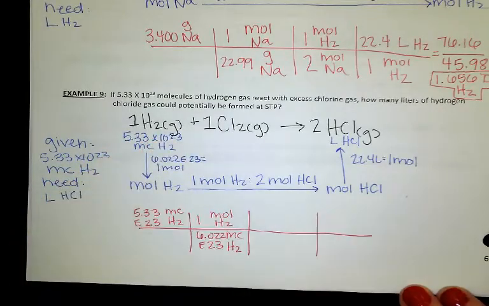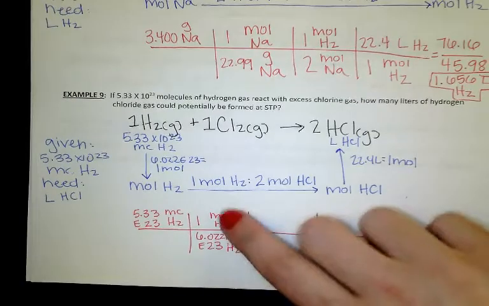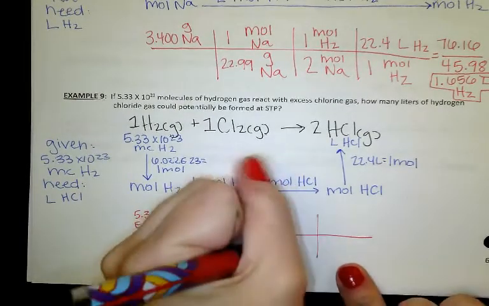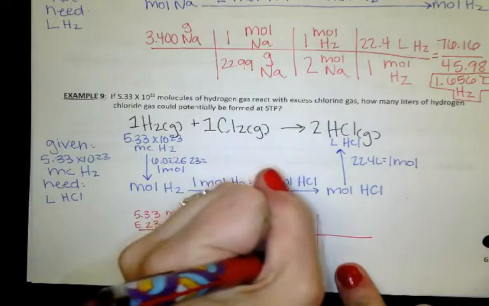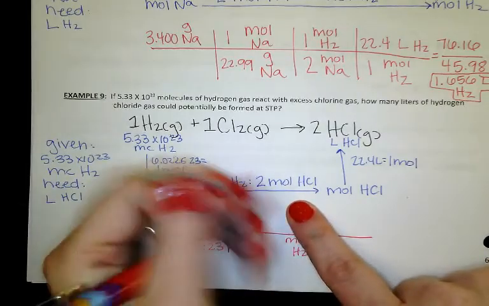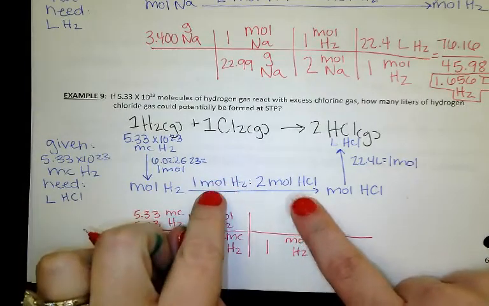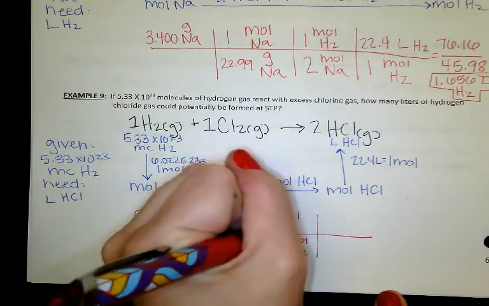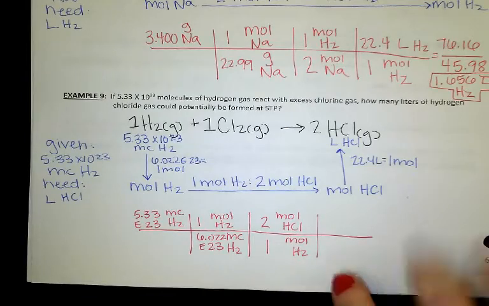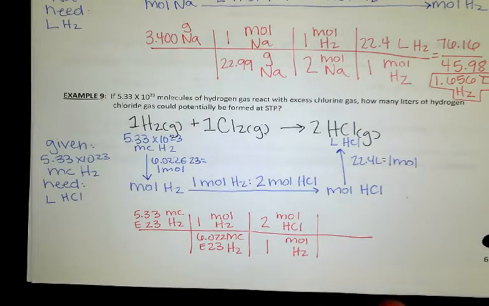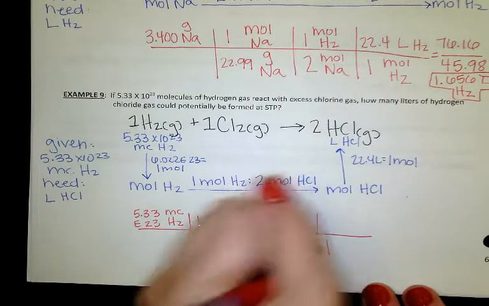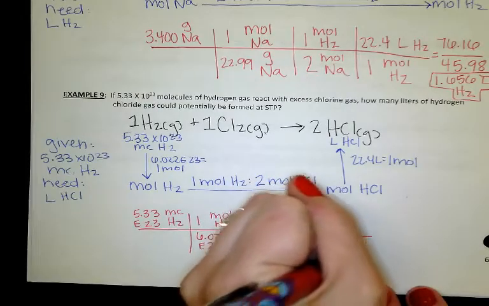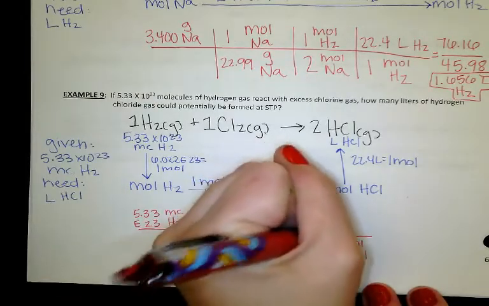Okay, now we have moles of H2 on top, so we're going to put moles of H2 on bottom, and this is when we're going to use our molar ratio. So 1 mole of H2 goes on the bottom, 2 moles of HCl is going to go on top. Last conversion, we're converting to liters. So we're going to have 1 mole of HCl on bottom, 22.4 liters of HCl on top.